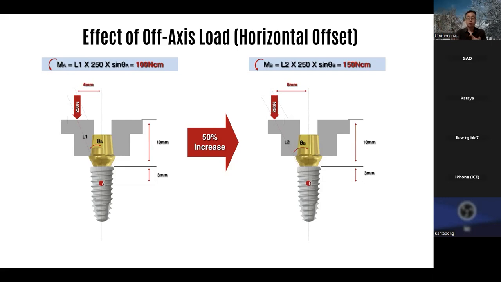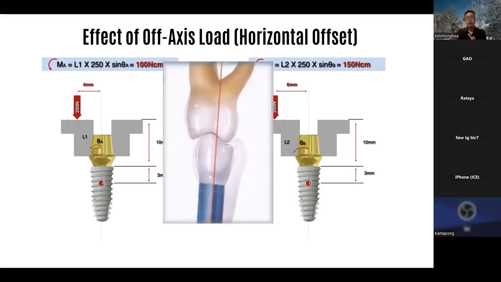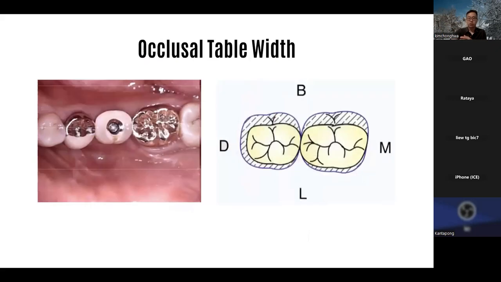So it's quite proportional to the distance from the center axis, which means we want our implant to be located in line with the long axis of opposing dentition. We don't want it to be offset.